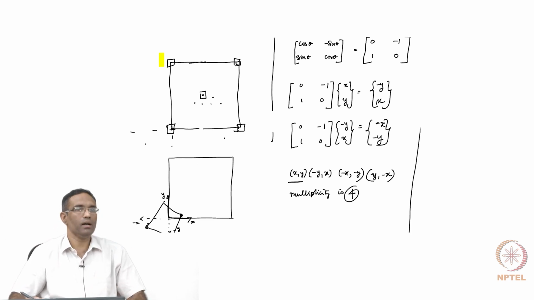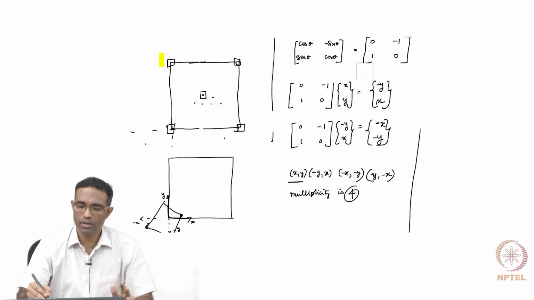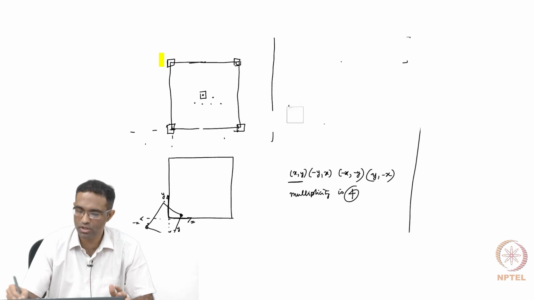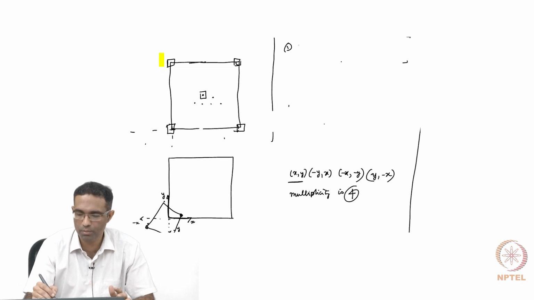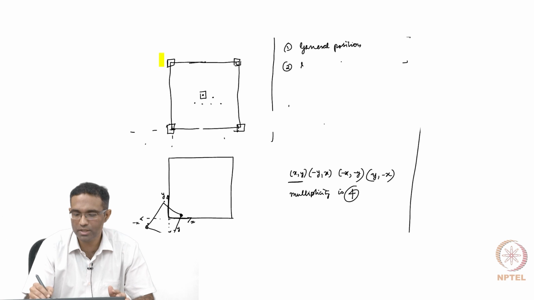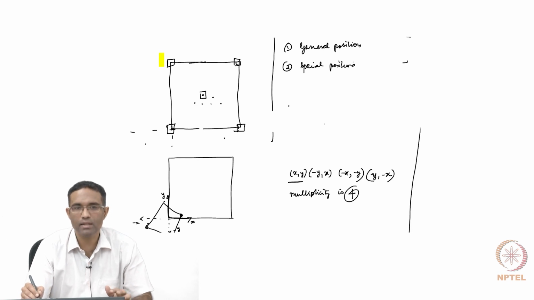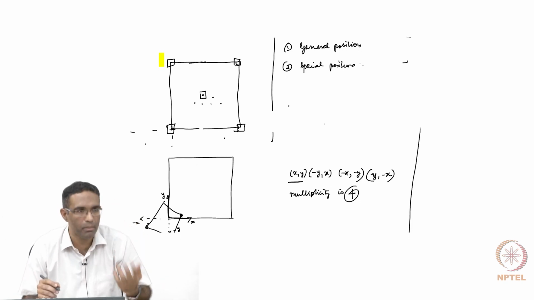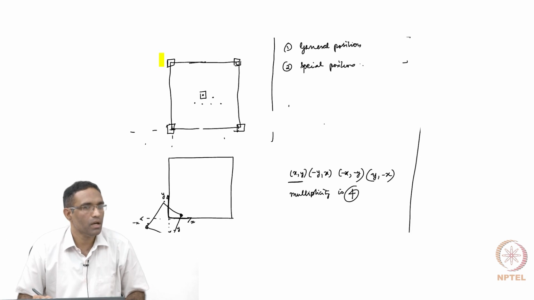So, in this manner, you have two positions that are important when you are trying to generate these crystal structures. One is the general position, which will have the maximum multiplicity, and then special positions where the atom is actually lying on top of a symmetry element. We will see more of this in the subsequent classes.